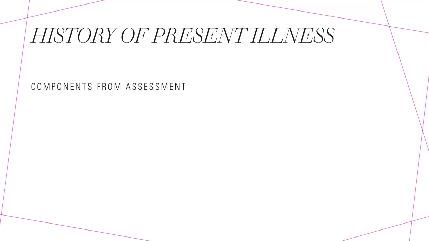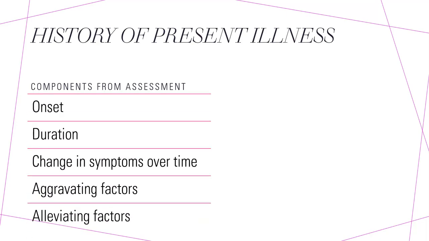So let's think back to advanced assessment. What are the components of the HPI? Onset, duration, any changes over time, anything make it worse, anything make it better. So when did this happen? How long has this been happening?